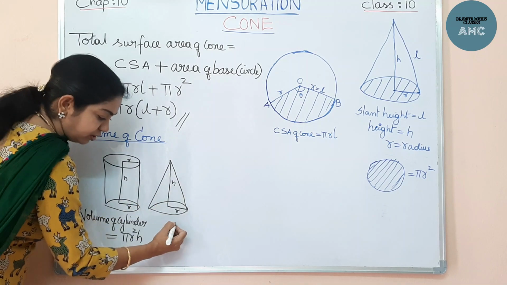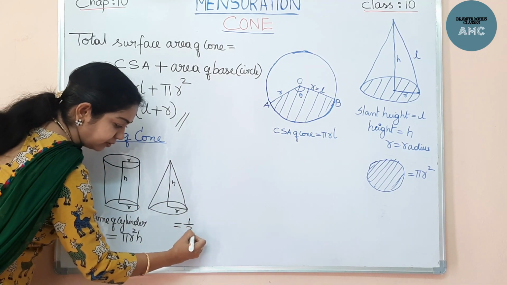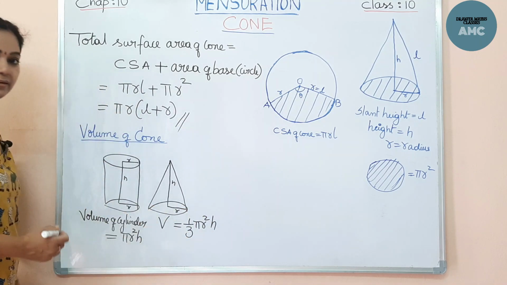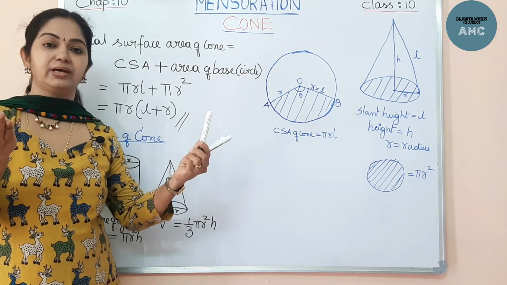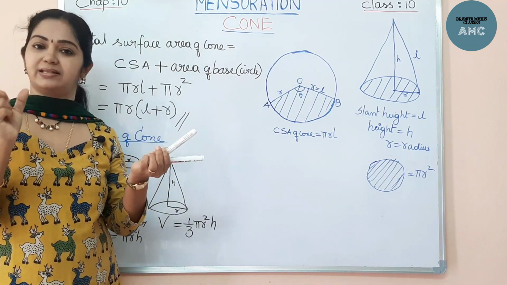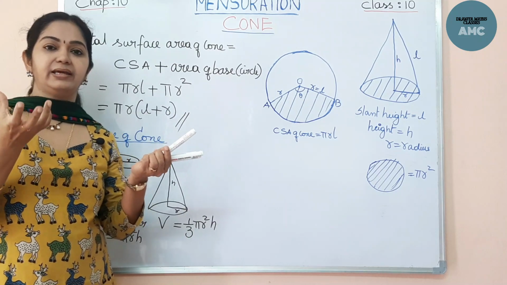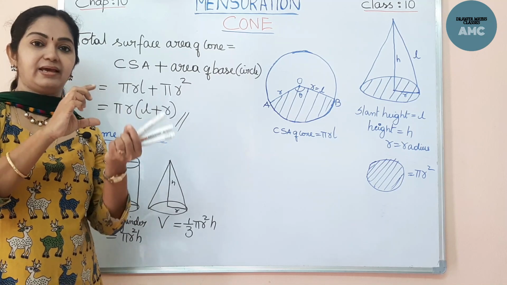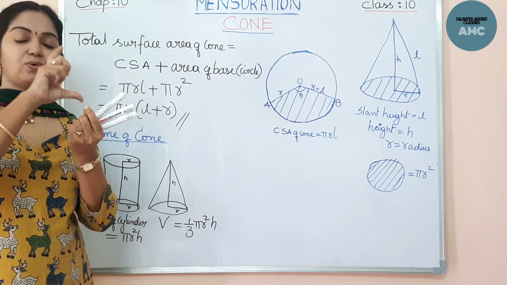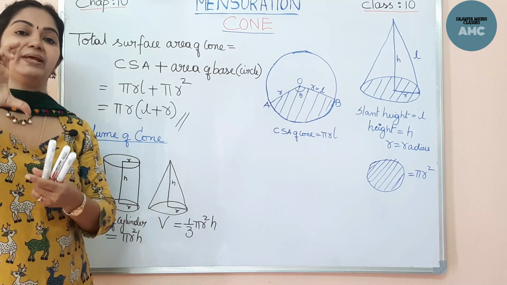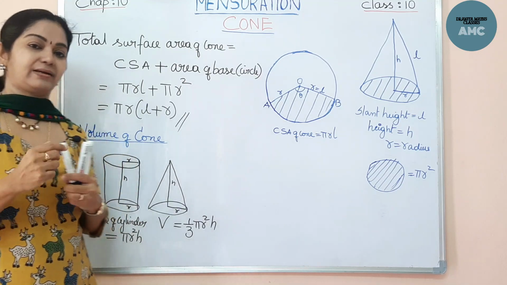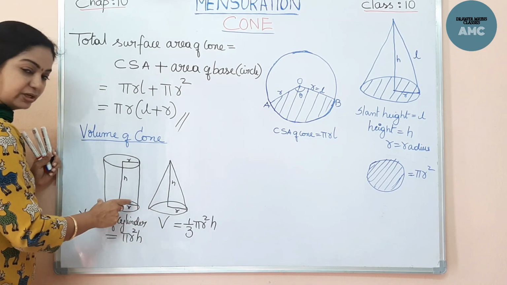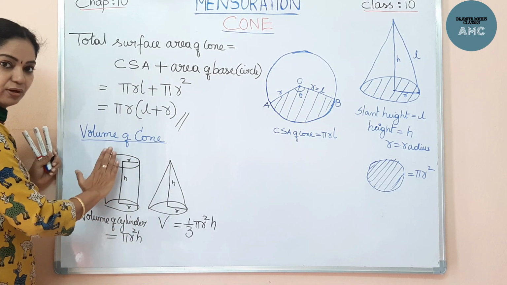That means the volume of the cone will become 1/3 of pi r square h. You can check it practically also: if you fill with grain 3 times and pour it into the cylinder, it completes the volume of the cylinder.